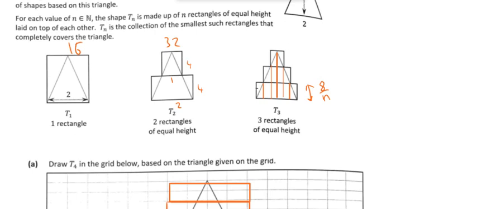So the other part, the width of each of those little rectangles is harder to see, but it's going to be, the whole distance across the bottom is 2.